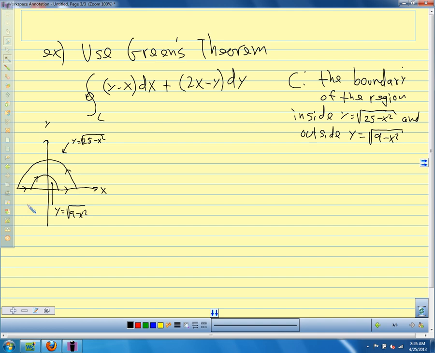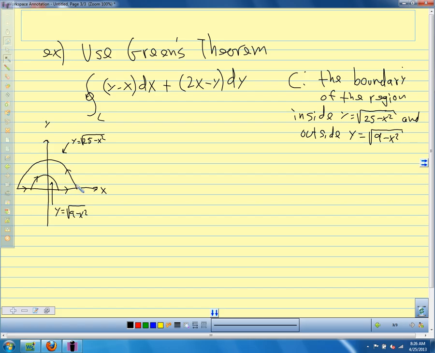Now let's think what is required to evaluate this line integral. First off, we have a piecewise smooth curve here. So how many line integrals would we have to evaluate? We'd have to evaluate 4: one along here, one along here, one along here, and one along here.